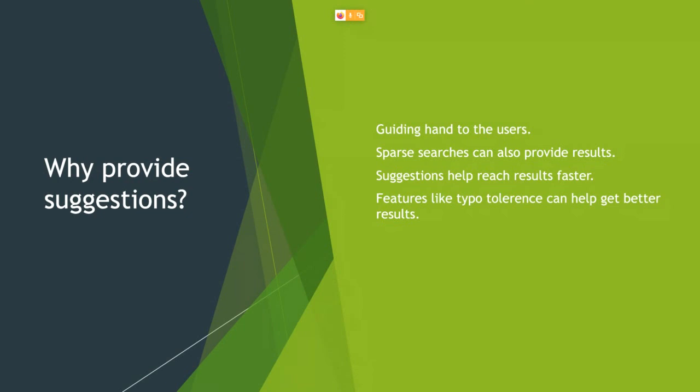So why do we need to provide these suggestions? There are clear, visible reasons why we need to do that. They make the search process way smoother, and even with partial search terms, you could actually get the correct results. It'll help users reach results much faster. Features like typo tolerance could also help get way better results.